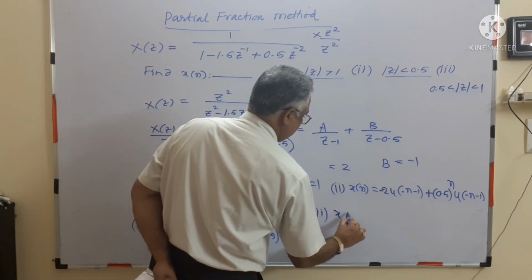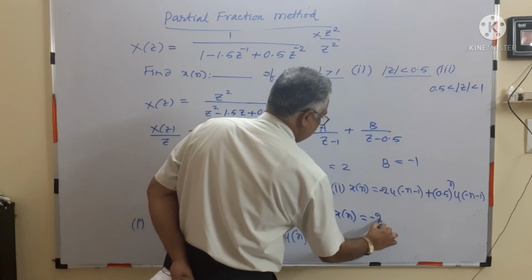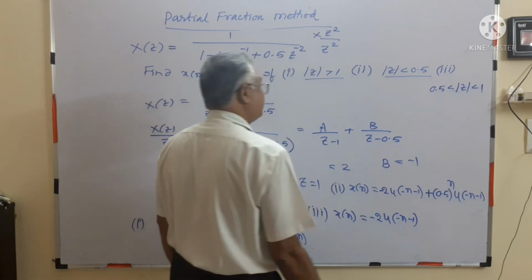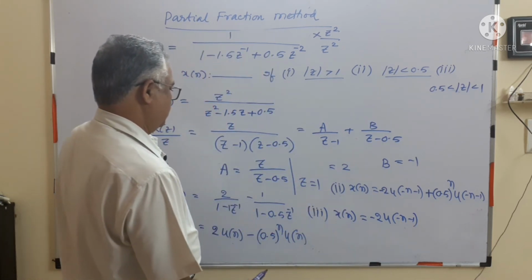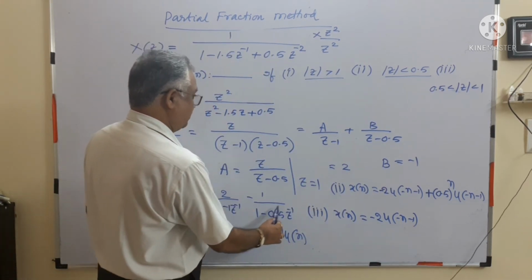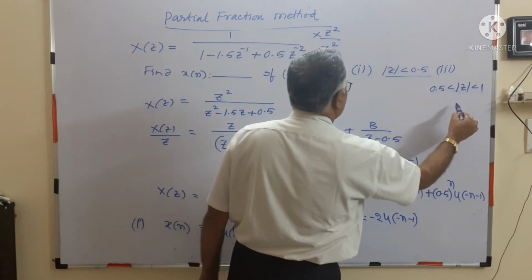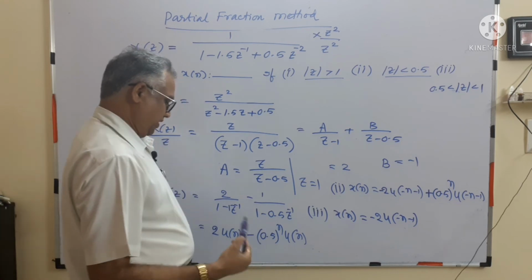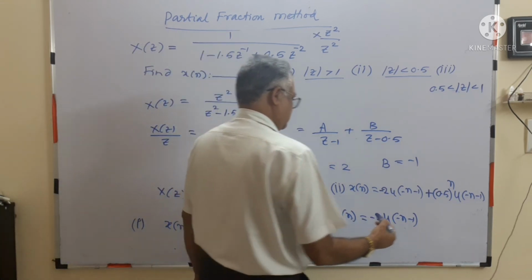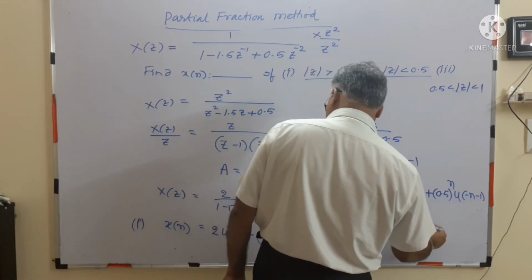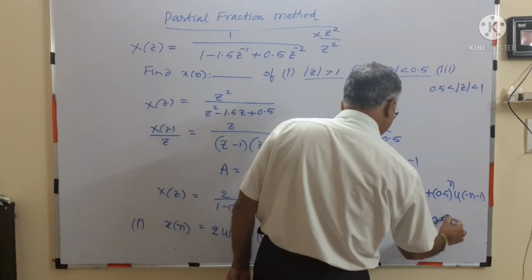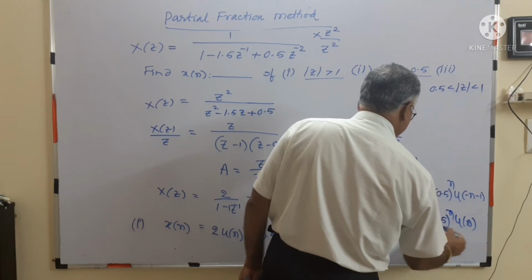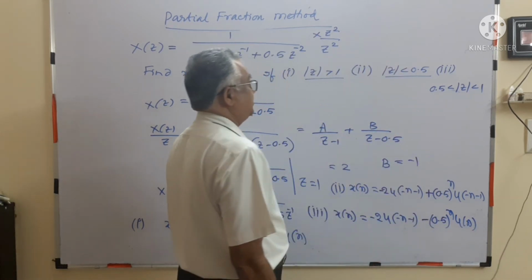So X of n equal to minus 2 u of minus n minus 1. Then here less than 1, maybe 0.6, but 0.6 is greater than 0.5, so that is right side. So minus 0.5 to the power of n u of n. So this is right side, this is left side.